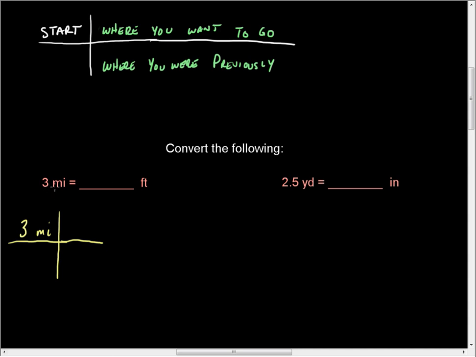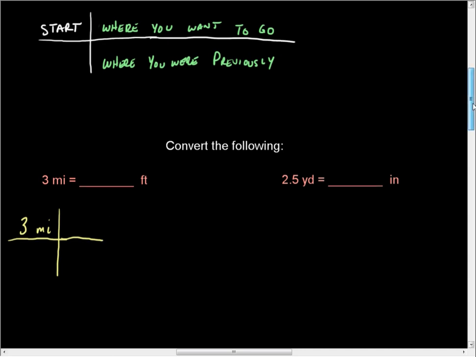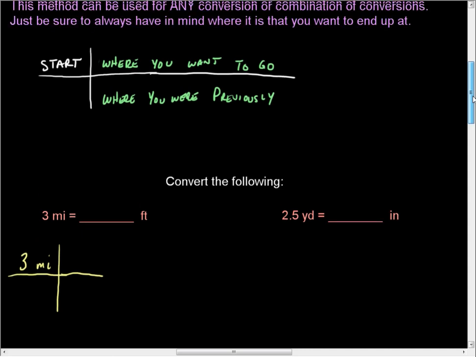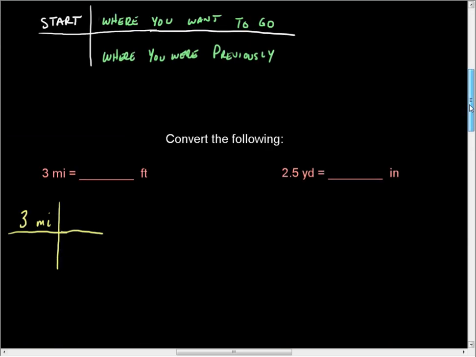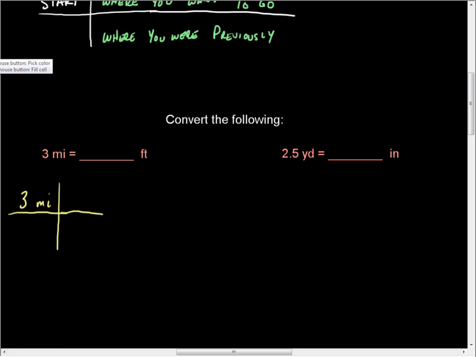We want to go from miles to feet, so we would love for feet to be on top. The question is, do we know how many feet there are in a mile, or miles in feet? So we come back up here and, oh, look, there we go. 1 mile is equal to 5,280 feet, so we can go from miles to feet directly.